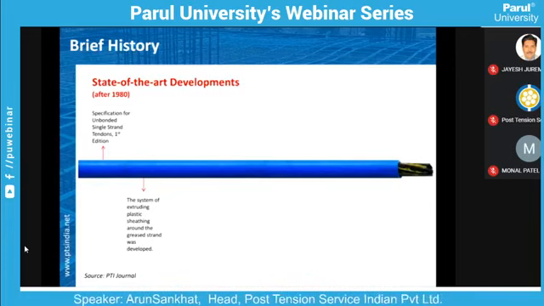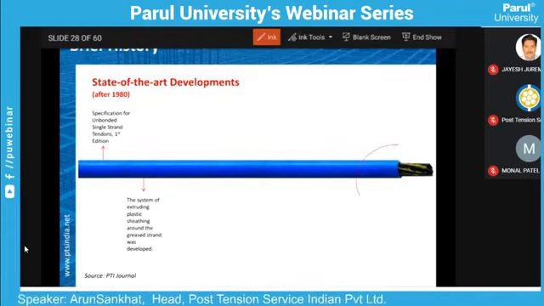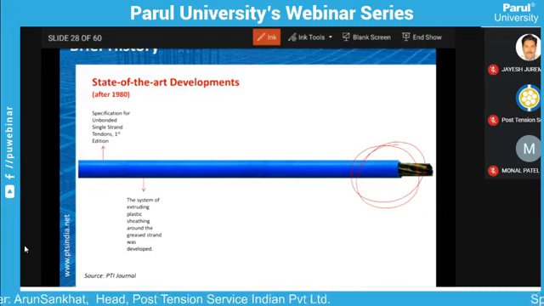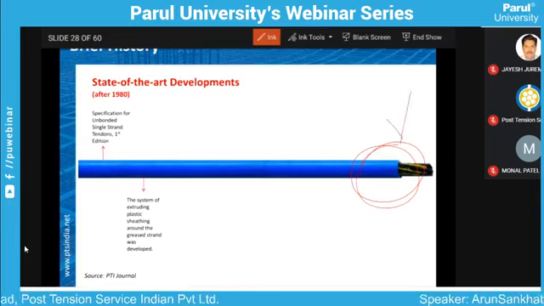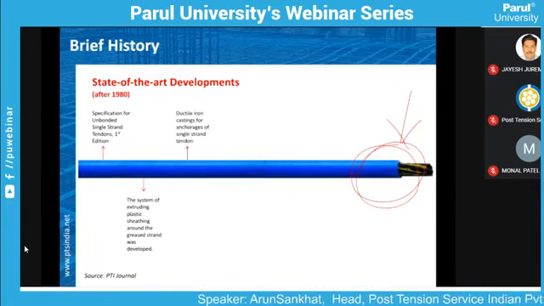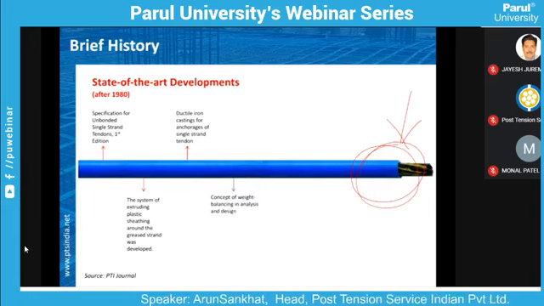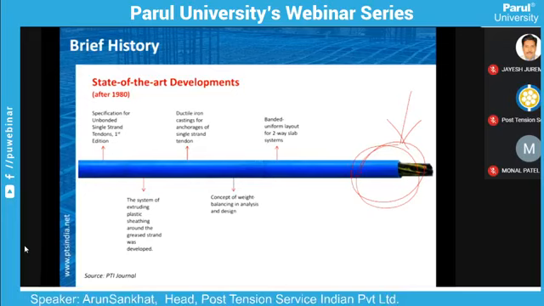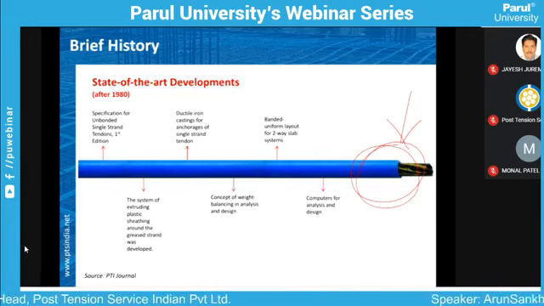The structure of the cable you see right now is the same thing; this cable is made using this extrusion process. Then ductile iron casting, as we saw in the last slide, the concept of weight balancing, banded uniform layout for two-way slab systems, which we'll see in one of the slides, and computers for analysis and design.